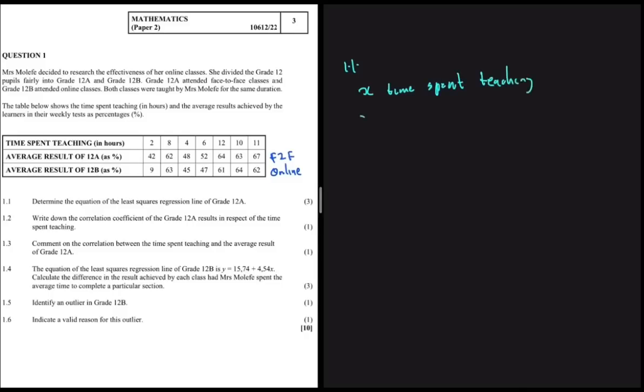And our y is going to be the average result for the class, so the average result for grade 12A. You cannot really calculate the least squares regression line manually, more especially if the question has only 3 marks. So to do this, we're going to use a calculator. Let me show you how we do that.